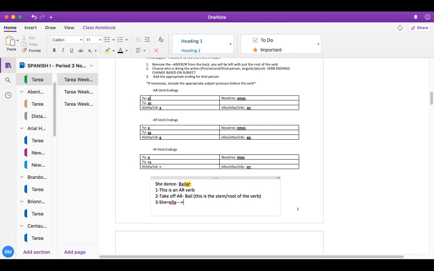Is it O? No, O goes with yo. Is it tú? No, tú goes with as. Is it a? Yes, because a goes with ella right here. So we need to take that ending and add it right onto the end of our stem to make ella baila.